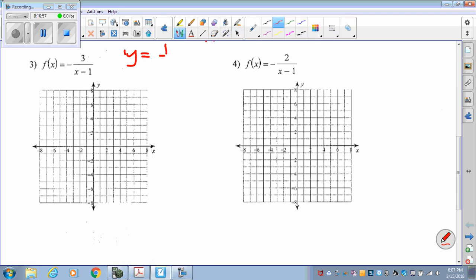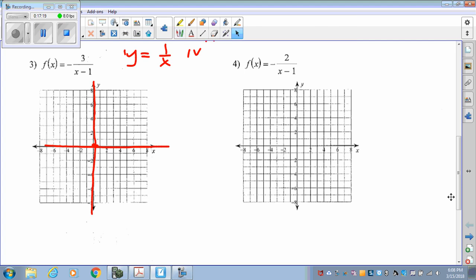For the parent function, my horizontal asymptote would be at 0 and my vertical asymptote would be at 0.